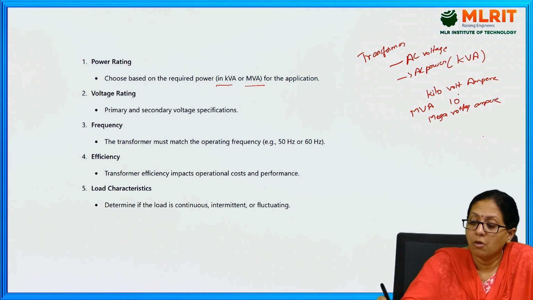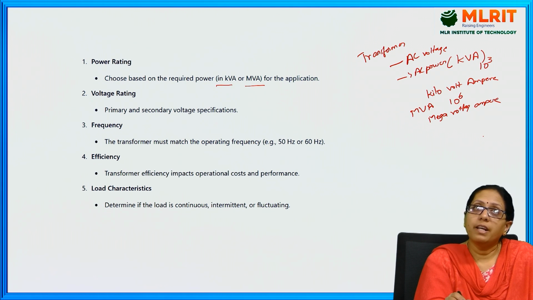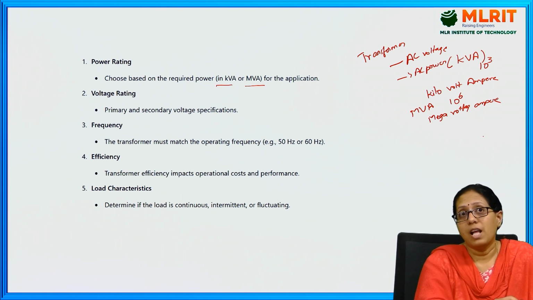This is 10 power 6, this is 10 power 3. So based on the kVA or MVA rating, we call it the power rating of a particular transformer.